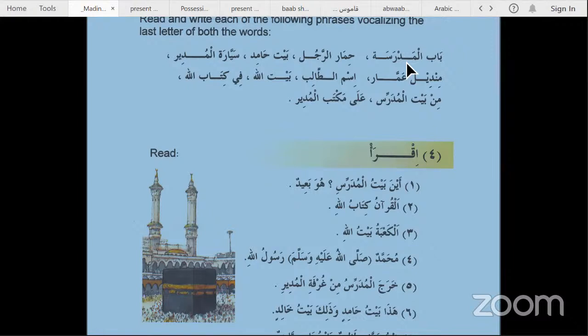Mindilun amarin. Ismul Talib. Baytullah, fi kitabillahi. Min baytul mudarrasi. Ala maktabil mudiri.